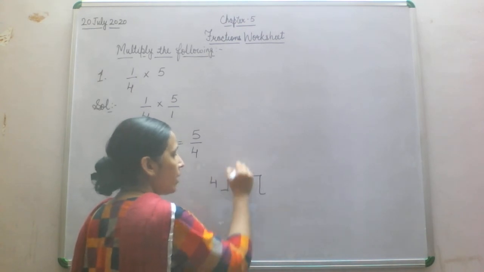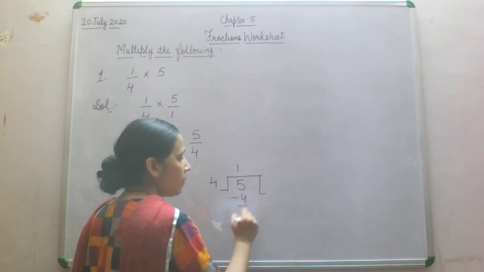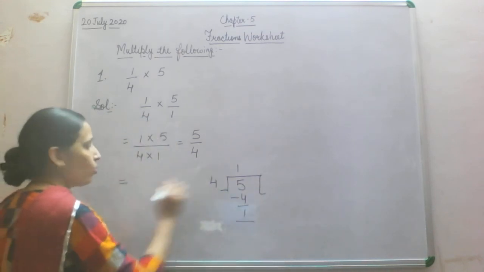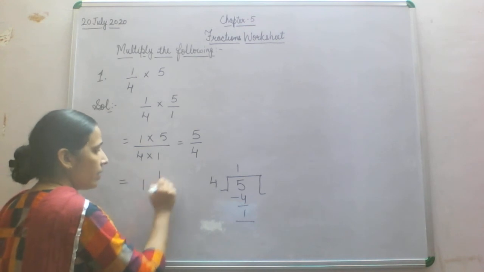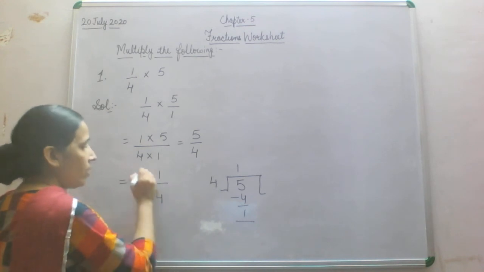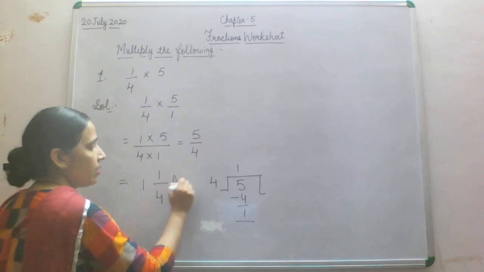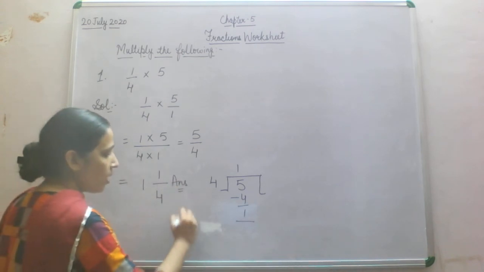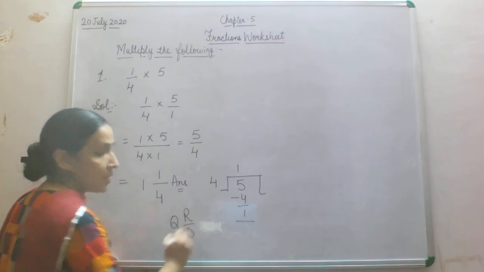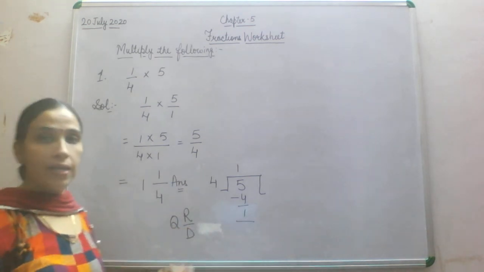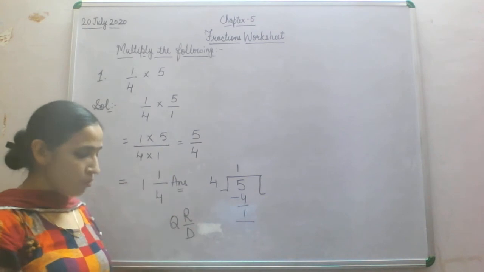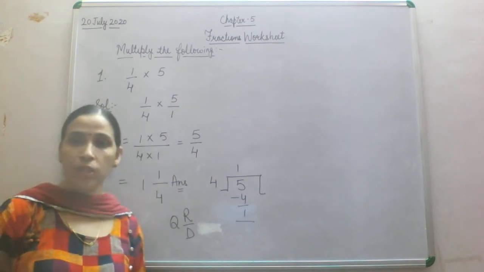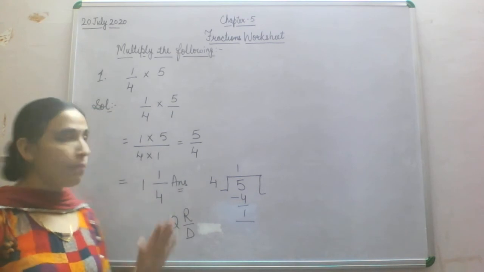So 4 one time will be 4, 1 will be remaining. So how will we write it? 5 by 4: quotient, remainder upon divisor. Q R D.